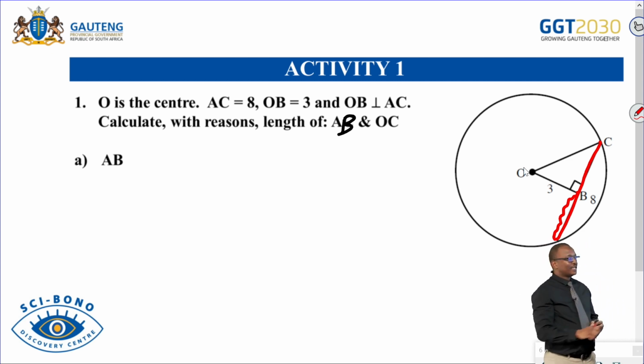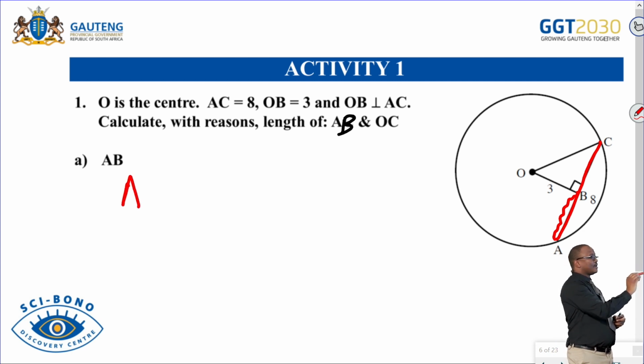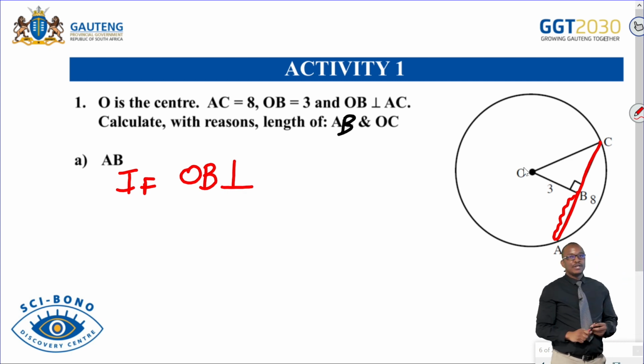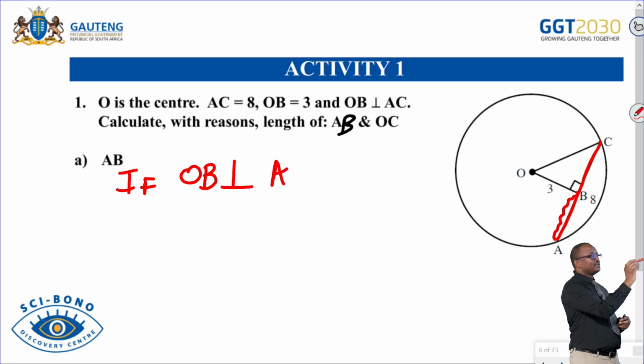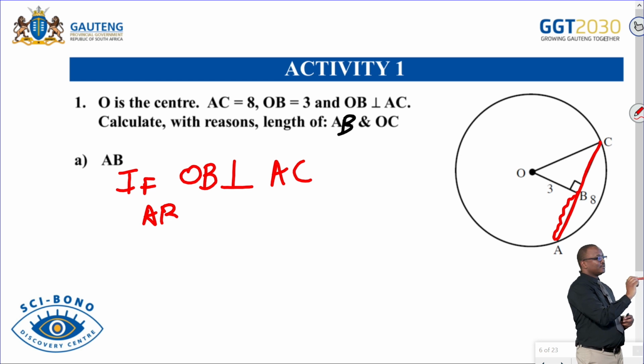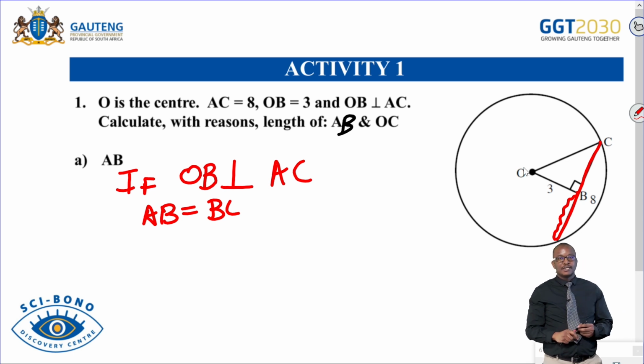Then now we know that if OB is perpendicular to AC, then we know that AB will be equal to BC. How to get it?